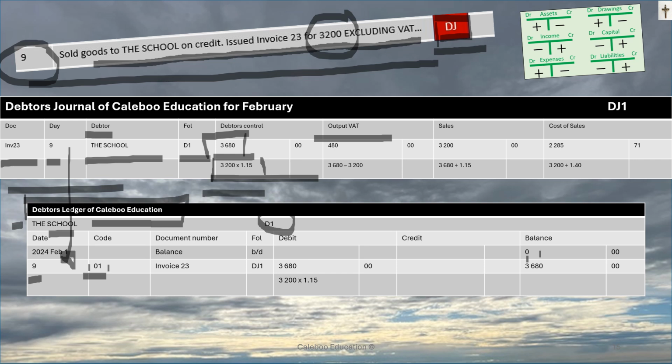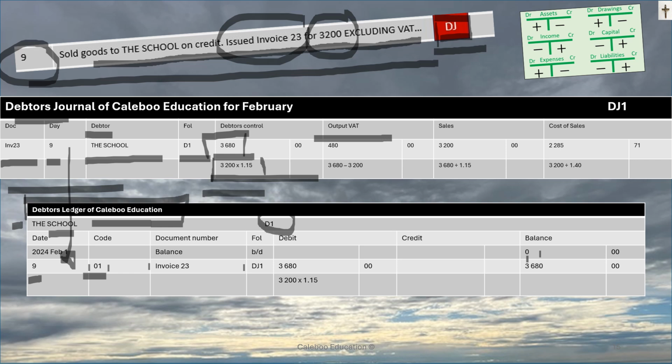The one I'm using and the one that most textbooks use is 01. 01 is the code for credit sales. The document, there it says, is invoice number 23. Where did we get this information from? It was recorded in the debtor's journal and taken to the debtor's ledger on a daily basis.